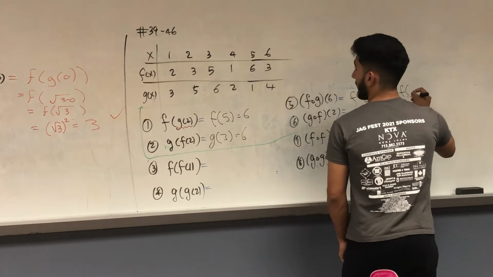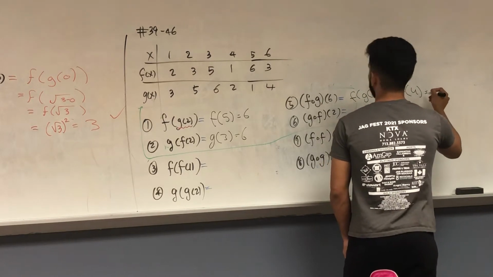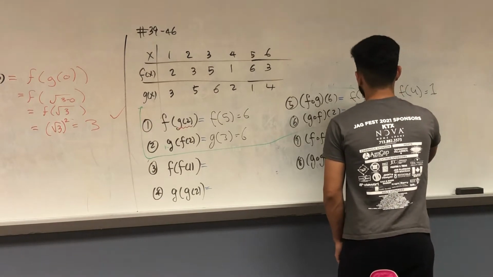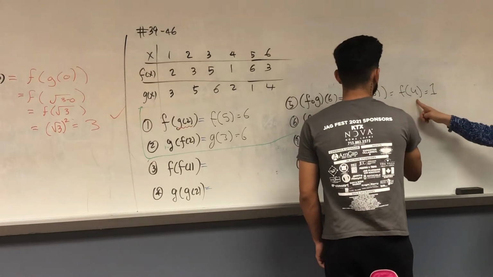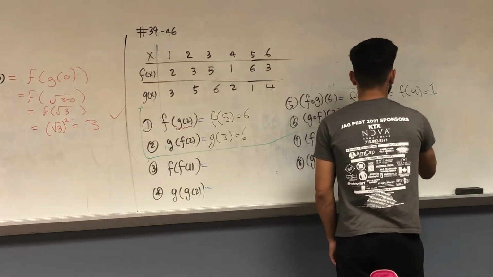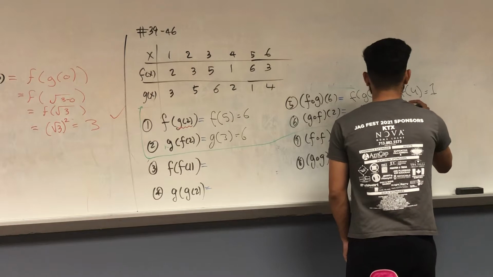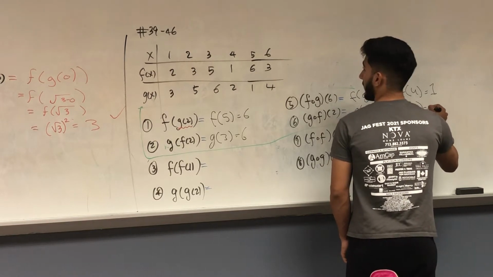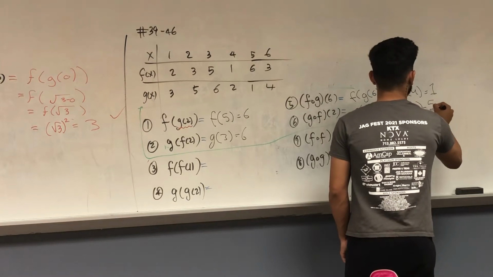And then starting from inside, what is G of 6? G of 6 is, good, 4. And then you have F of 4, and that's what? 1. Very good. Now you understand how to write it down. So what is F of 2? Good job.